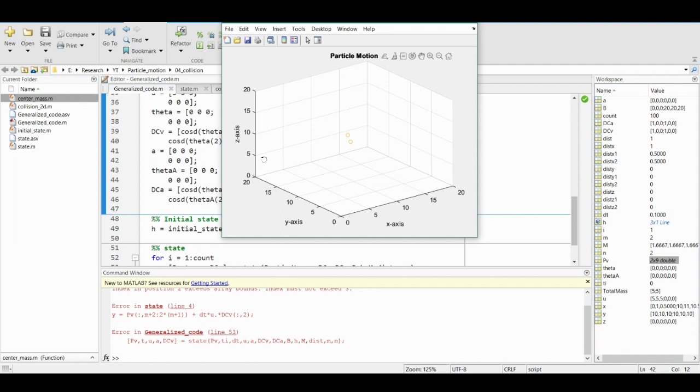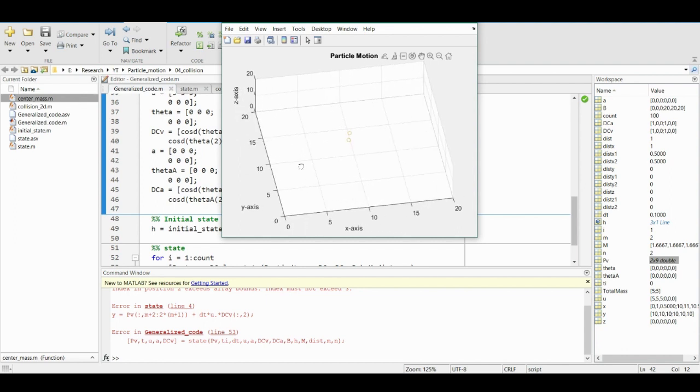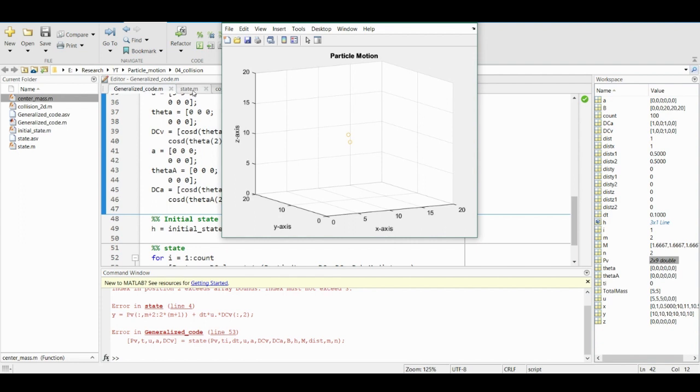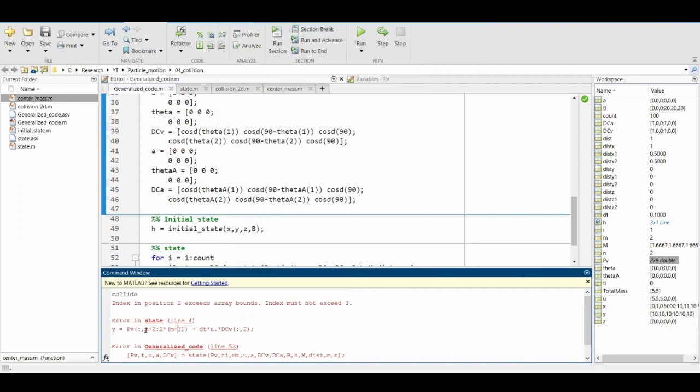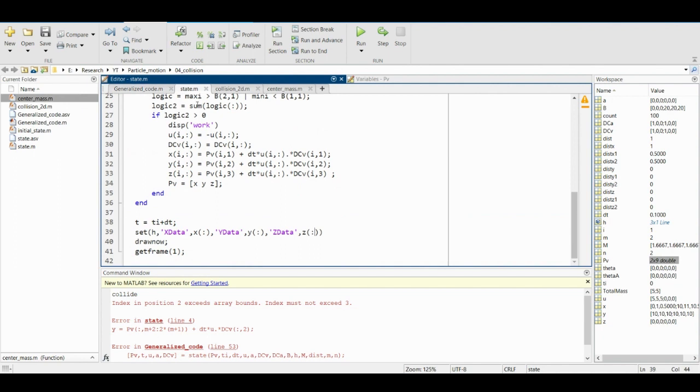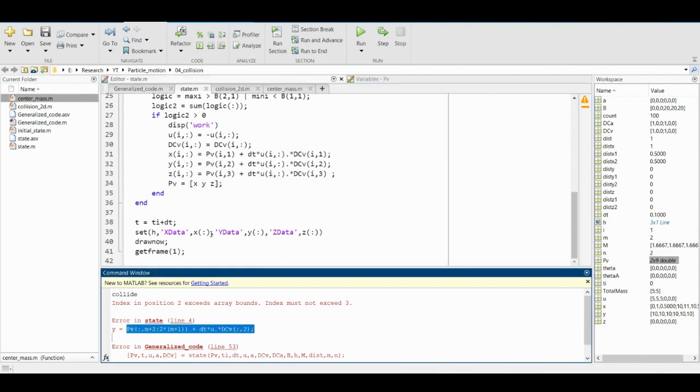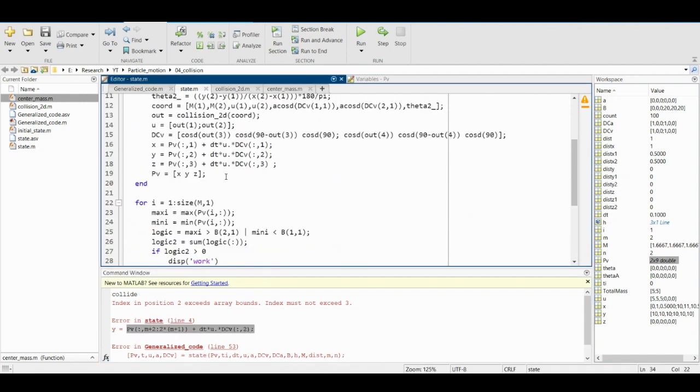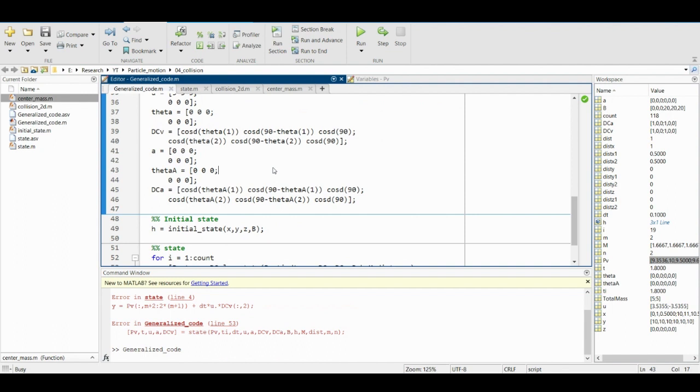Yep. Up until collision, it's working nicely. After collision, it's going that bad. So the error is in here because, so why would this be an error? Because position vector maybe here something is happening.